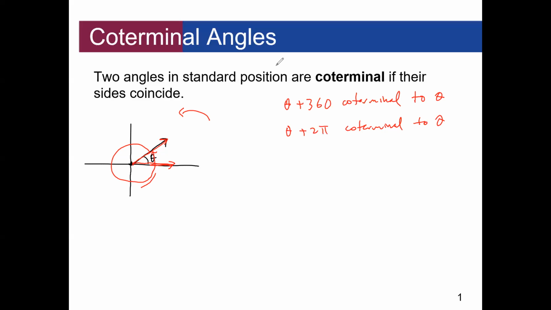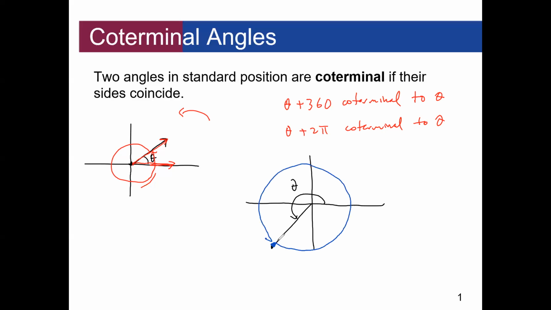So for instance, another example: if I have an angle right here, this is angle theta. Now let's see in a positive direction what is required. We're right here, this is the terminal side, and I have to go around and come back to the same spot, and that will require 360 degrees or 2 pi.